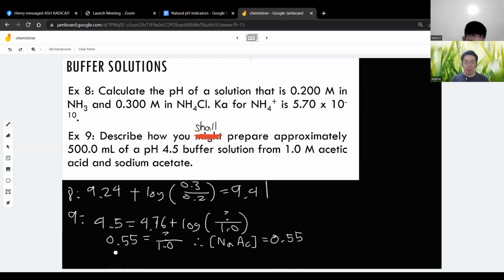Tsaka 0.55 siya. Naka-logarithm pa yan. Di ba? 0.55 equals logarithm of x over 1.0. Inano ko na po siya. Opo. Hindi siya proper kasi dapat 4.5 minus 4.76.